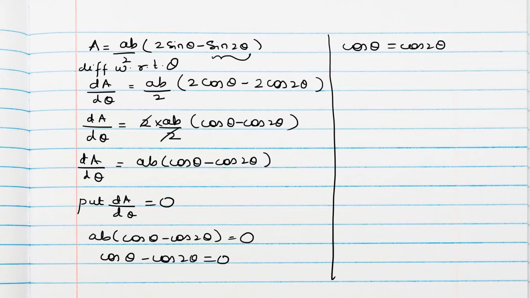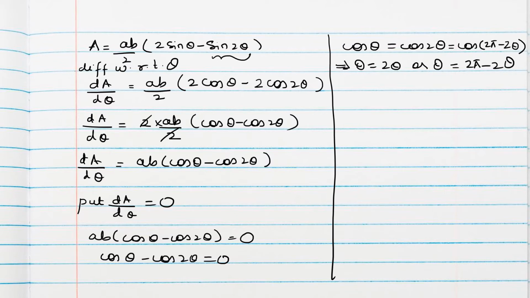This can be written as cos 2 pi minus 2 theta, isn't it? Both are equal. That means here two values will get: theta equal to 2 theta or theta equal to 2 pi minus 2 theta, isn't it?